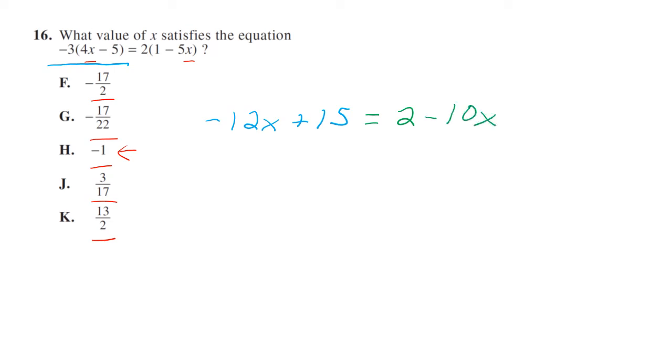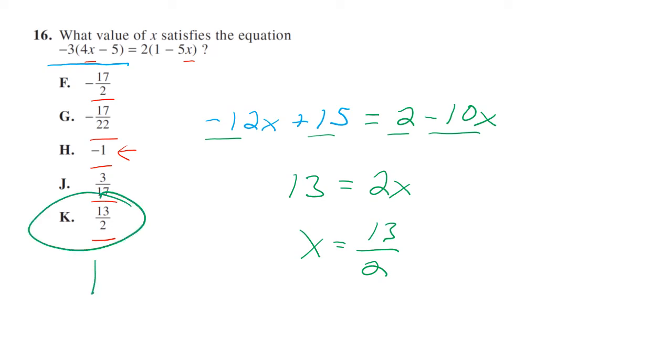Combine our like terms: add 10x to both sides, subtract 12x from both sides, and subtract 2 from both sides, and get 13 equals 2x. And then you get x equals 13 divided by 2. All right, so your answer is K.